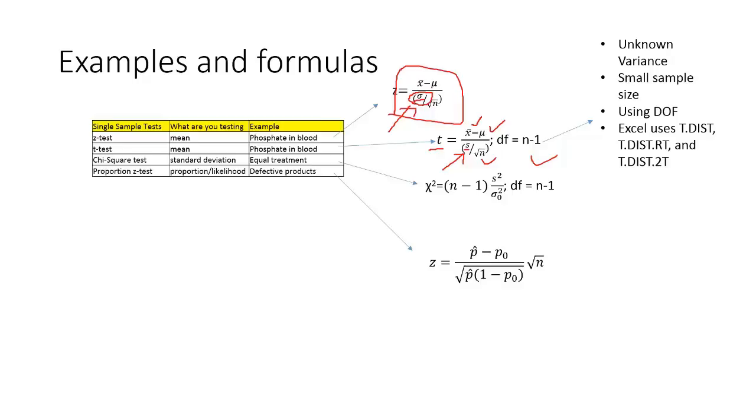The other thing to mention out here is that this DOF, or degrees of freedom, we briefly spoke about that concept when we were talking about standard deviation. Without going into too much detail, the simple thing to keep in mind is that the t distribution is not one distribution, right?